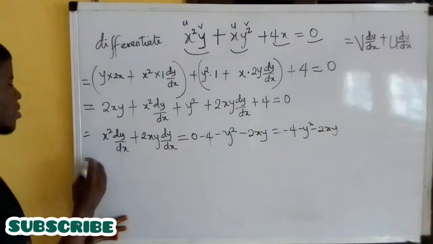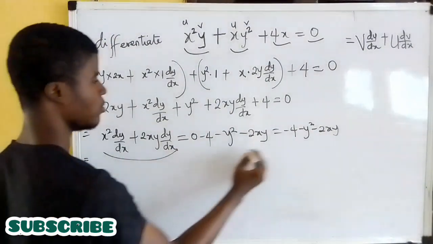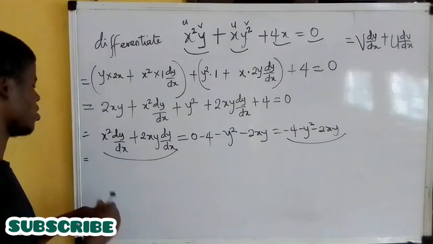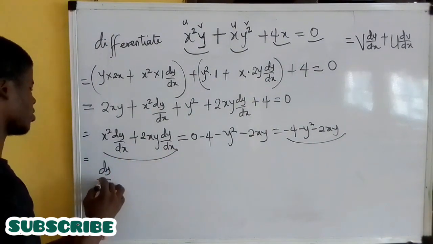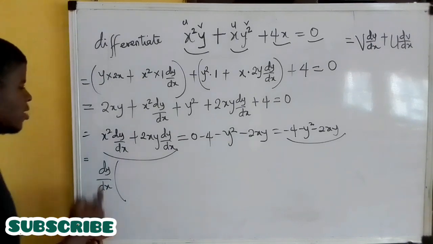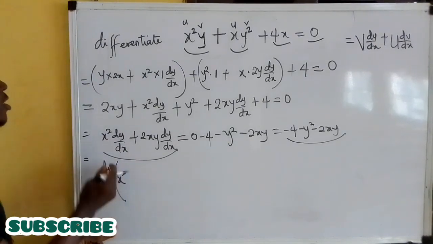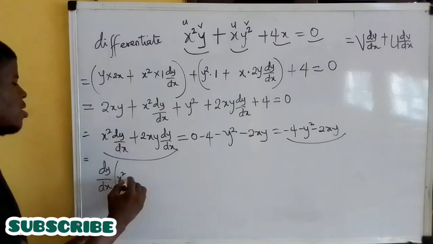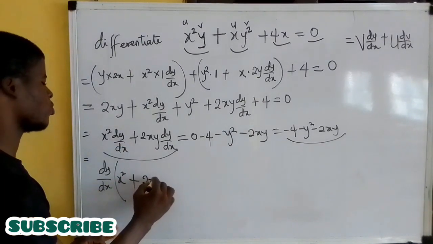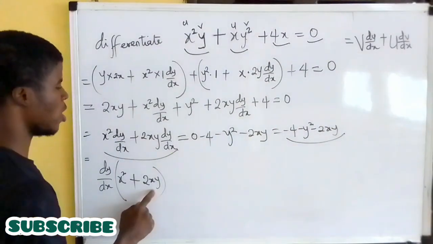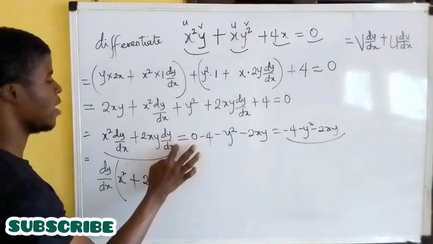So we have this. I'm working with this now. So I'll factorize dy dx out. Dy dx, open the bracket, x squared will be here, so that dy dx times x squared is x squared dy dx, plus I'll have 2xy here. So that dy dx times 2xy is 2xy dy dx.